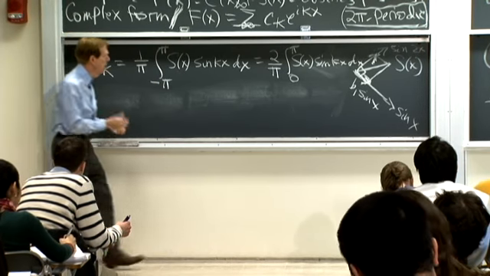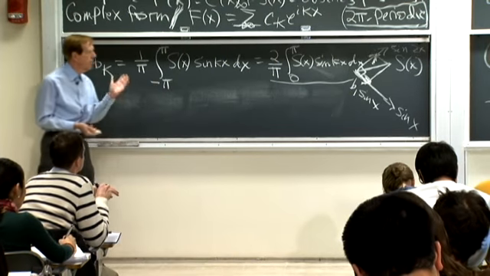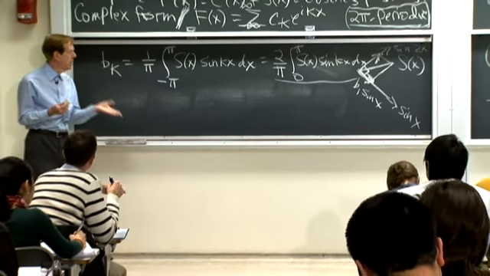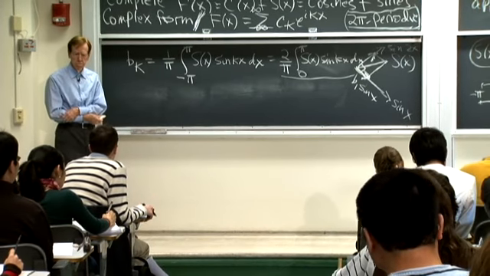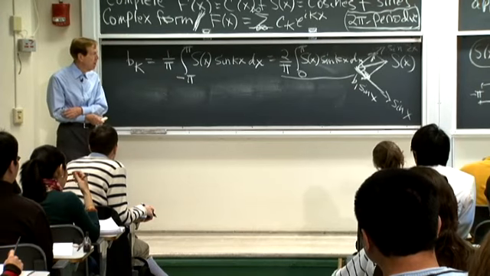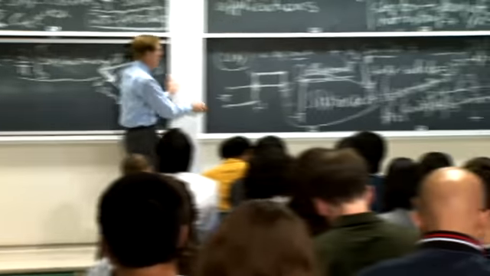Okay, so I'll do this integral. From 0 to pi, what is my function from the graph? It's just 1. This is going to be a picnic, right? The function is 1 here.